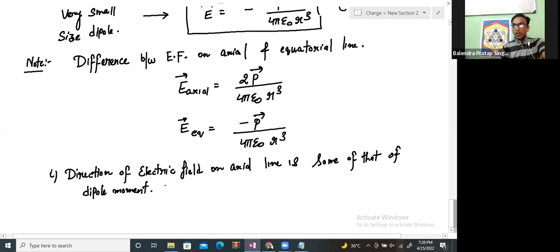On equatorial line, it's opposite to the dipole moment.